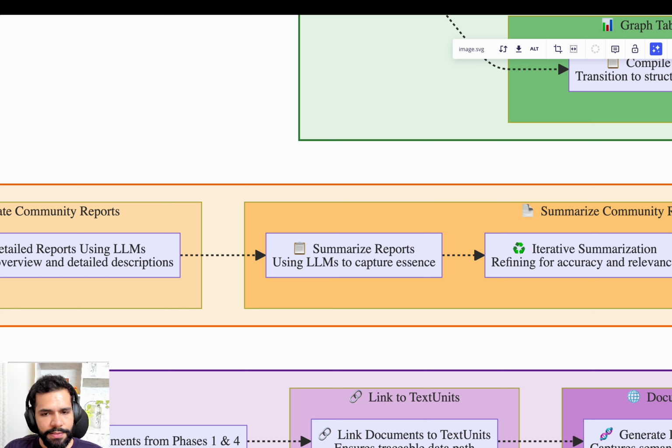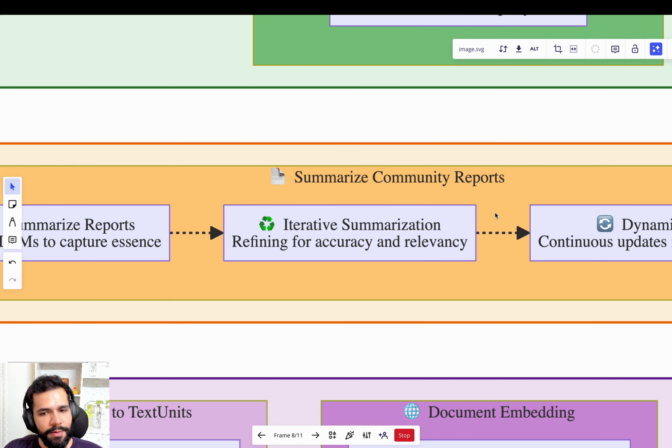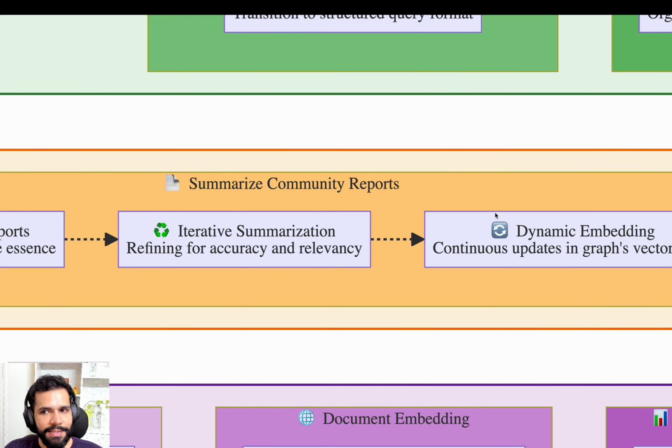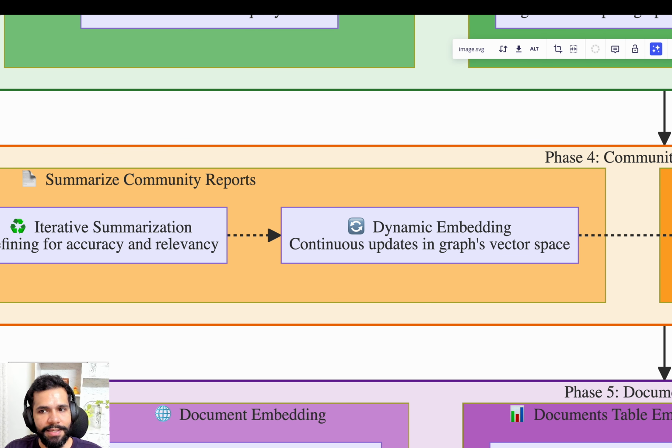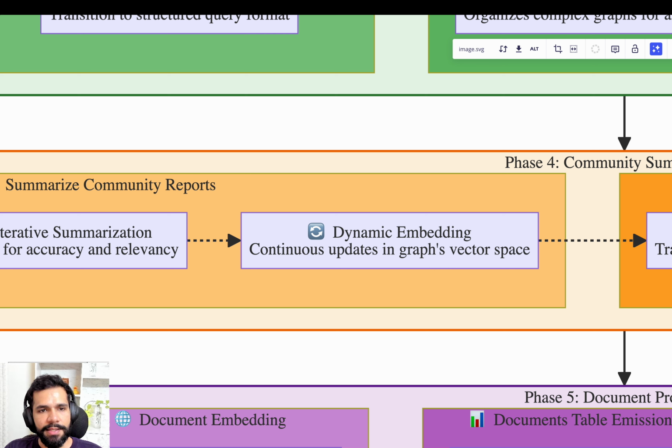Following the generation of these comprehensive community reports, we further condense this information into summarized forms, directly distilling the full report into more concise documents that retain the essential information. These reports are then embedded, which makes it easier to process, easier to vectorize, and therefore easier to query. And that's what the community summarization step moves us towards.